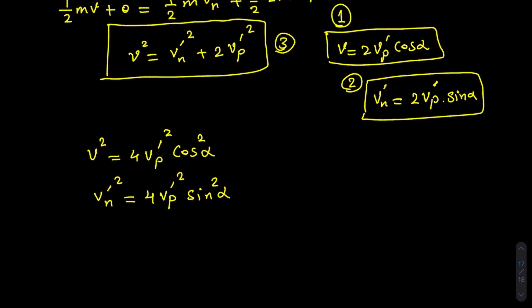Now these two equations, if we look carefully, we will see cosine squared alpha and sine squared alpha. It reminds us of this famous well-known trigonometry equation, which is sine alpha to the power of 2 plus cosine alpha to the power of 2 is equal to 1.